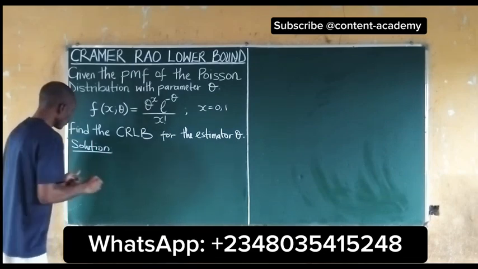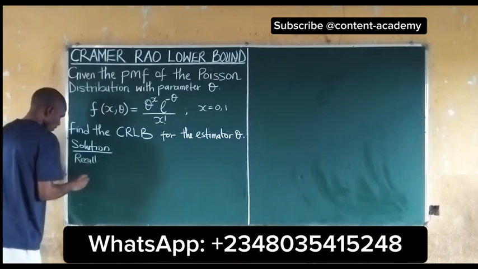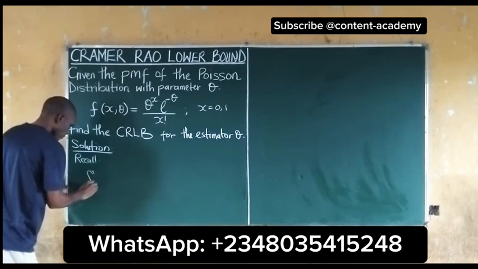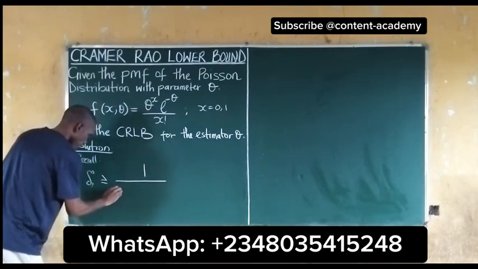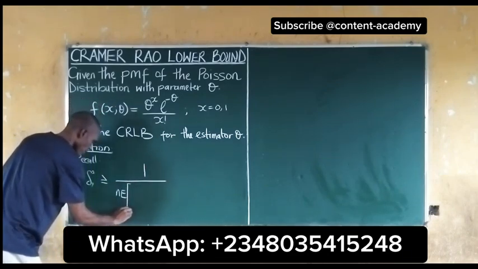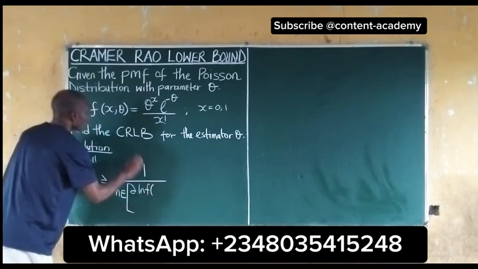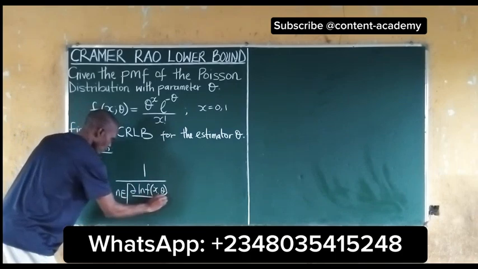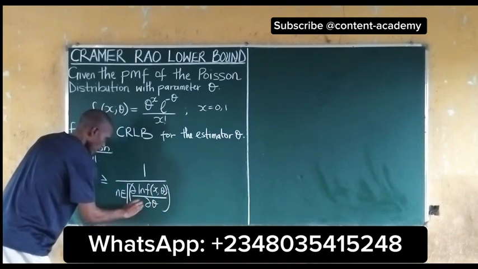The first thing to do, we have to recall the Cramer-Rao inequality. The Cramer-Rao inequality states that 1 over n times the expectation of the derivative of the log of the function f(x, theta) with respect to theta, squared.